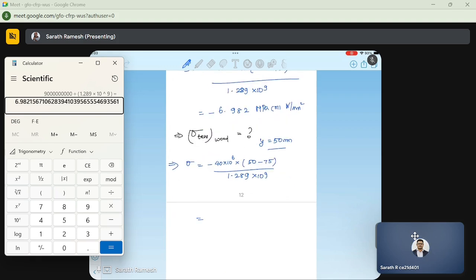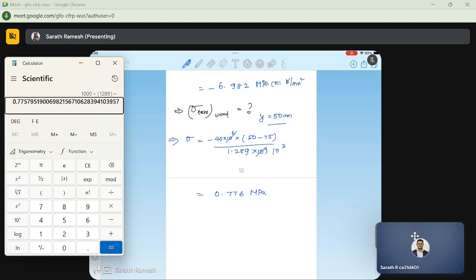So this implies we'll get 10 to the power 3 for minus 40 into, so minus and minus will become plus, 40 into 25, which will be 1000. 40 into 25 divided by 1289 will be 0.776 megapascal.